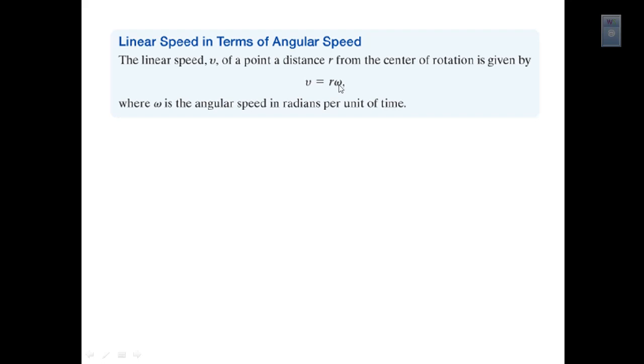So if we want to convert that over into linear speed, all we have to do is, okay, if I've got this many radians per time, and each radian is this length, r, then that's going to be the linear speed. So it's actually kind of easy to transfer from one to the other.